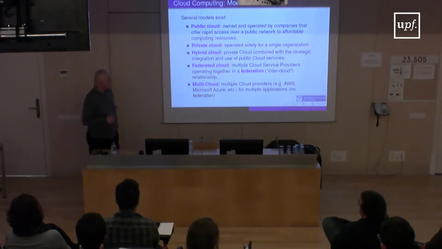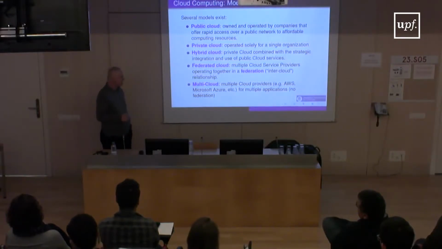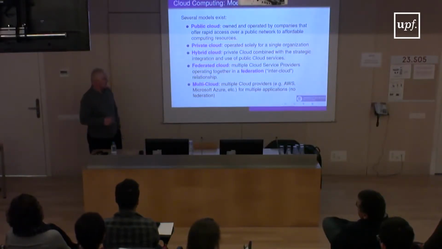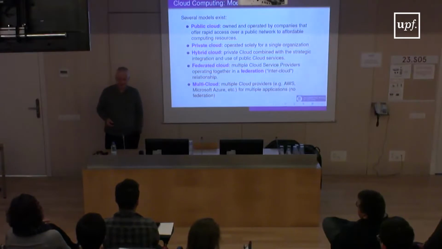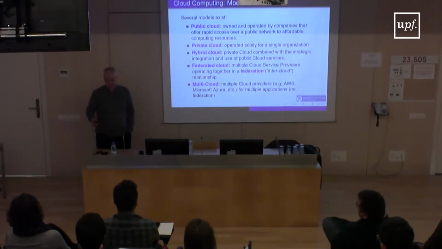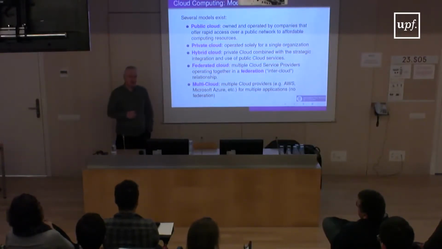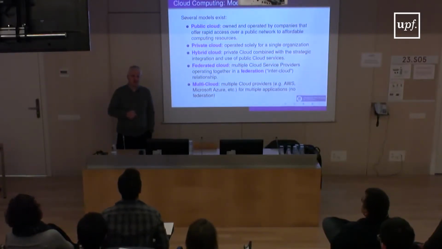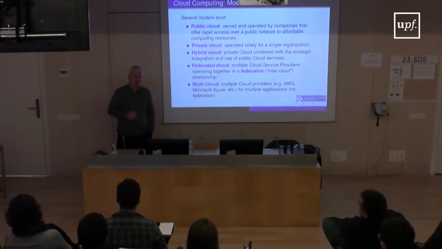And a new trend is the federated cloud, right? So everything is getting larger and larger, which means that we have multiple cloud service providers, and they somehow federate together. This is actually an interesting model from the optimization perspective, because assume that the objective is to optimize the provider's benefit.